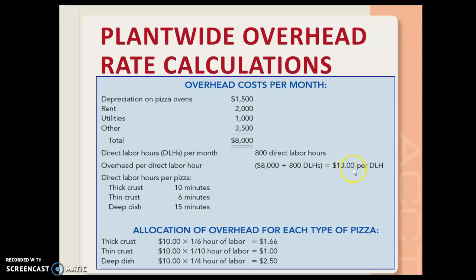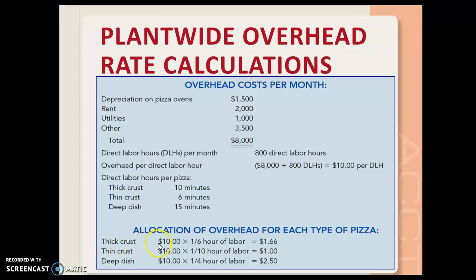Now, this $10 overhead rate is per direct labor hour, and these are in minutes. So how much of an hour is 10 minutes? Well, 1 hour is 60 minutes, so 10 divided by 60 is 1/6 of an hour.